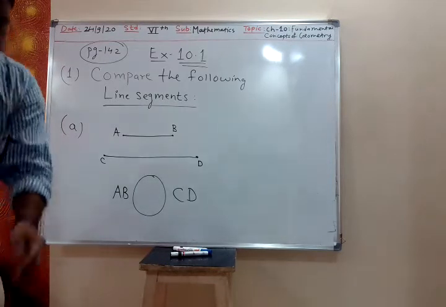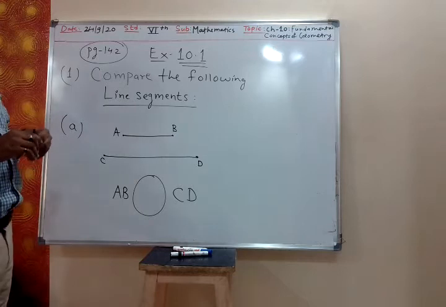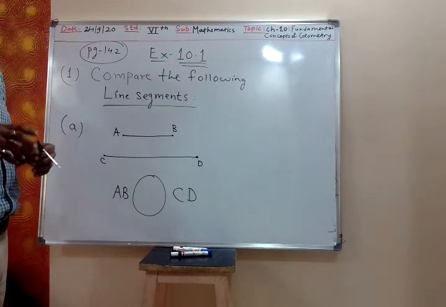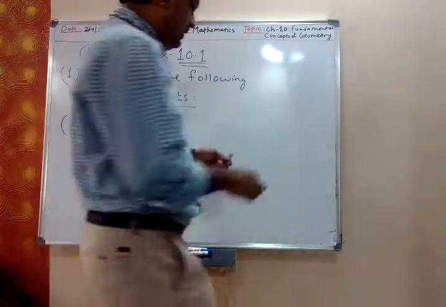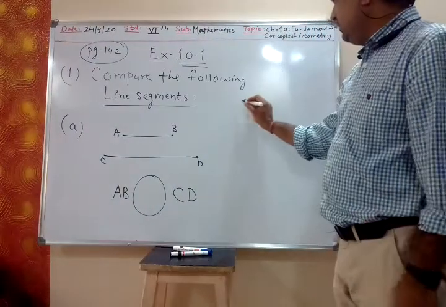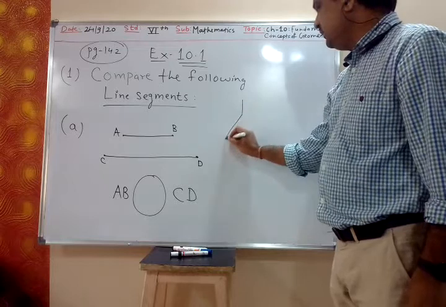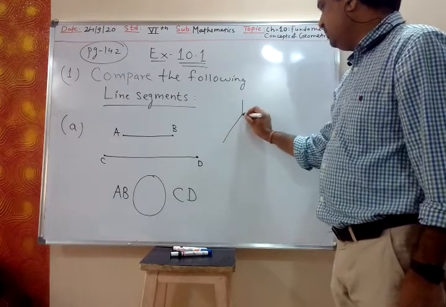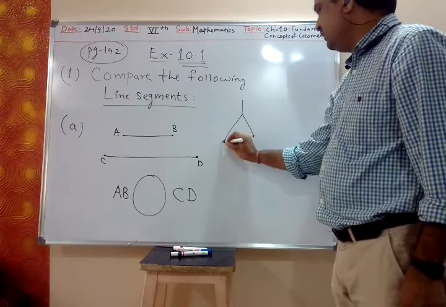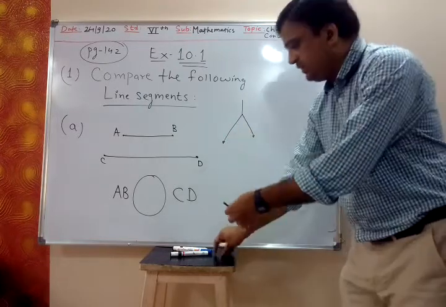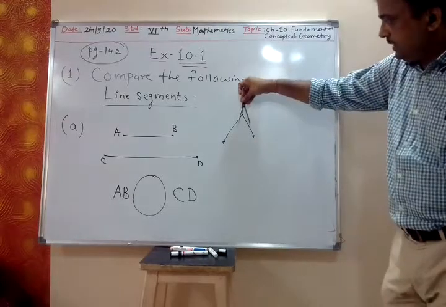Using the divider, compare the line segments. So this is called my divider. This is called my divider. Yes, this is called my divider. In the geometry box, you can see this type. This is my divider.